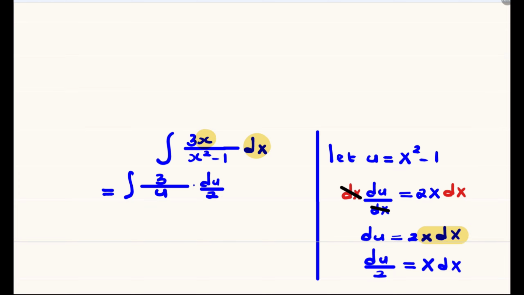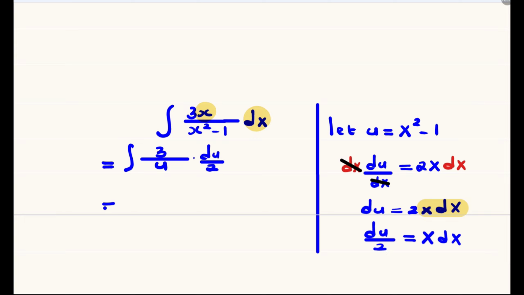and this will be equal to, we can move the 3 divided by 2 out of the integral. We have that 3 over 2 out. Now we are left with 1 divided by u du, and this will be equal to 3 divided by 2 multiplied by the integral of 1 over u, which is the ln of u, plus the constant c.